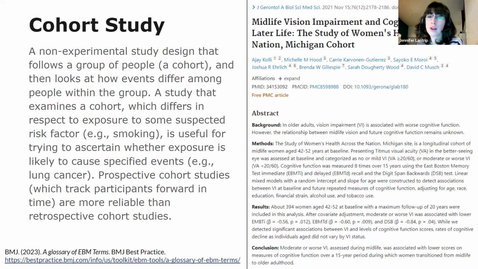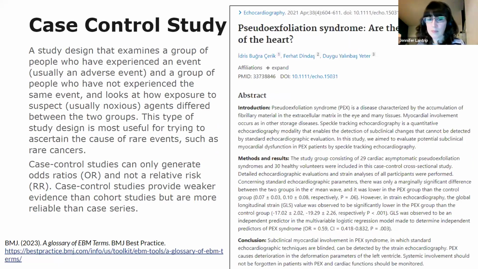This can be useful for trying to ascertain whether exposure, for example, smoking, is likely to cause specified events, for example, lung cancer. Prospective cohort studies, which track participants forward in time, are more reliable than retrospective cohort studies, which look at past data about participants.